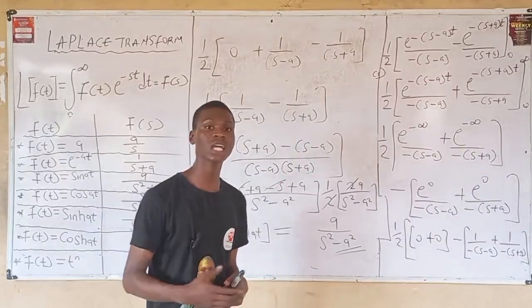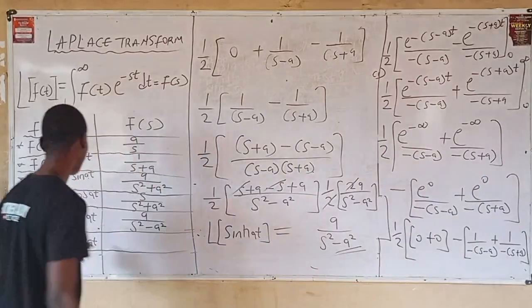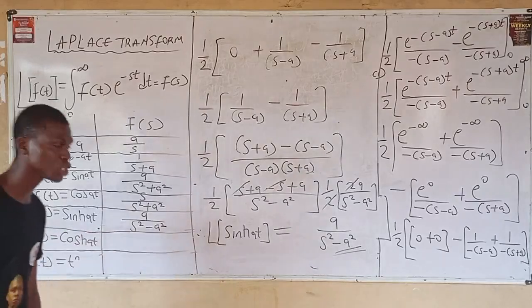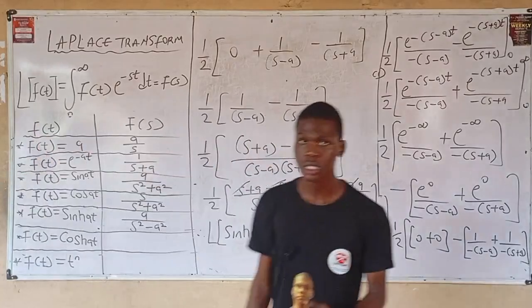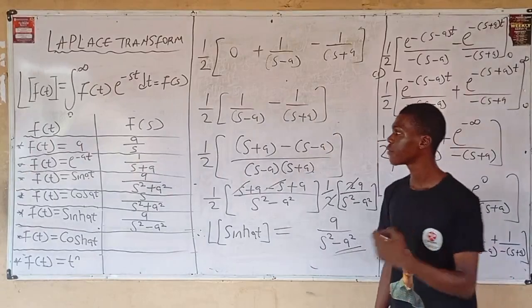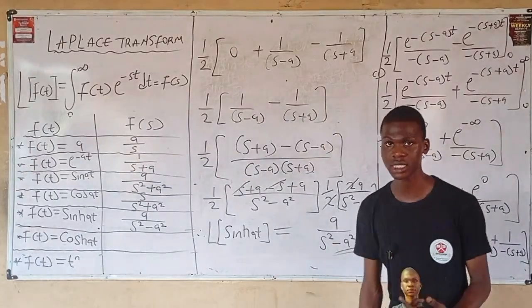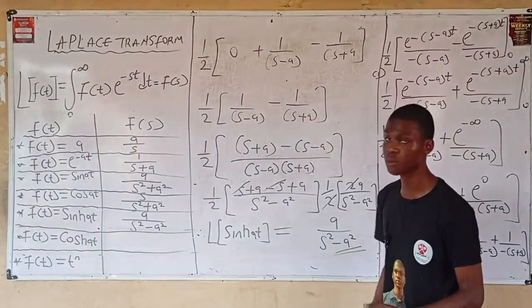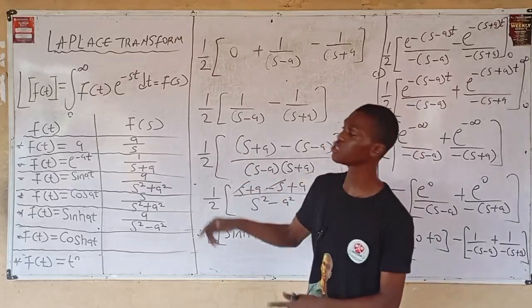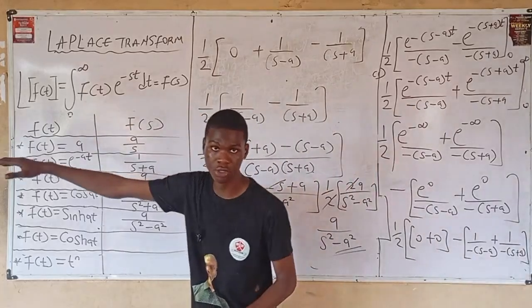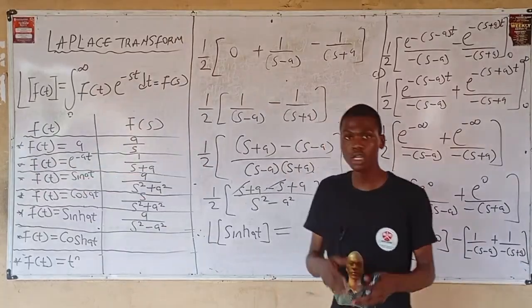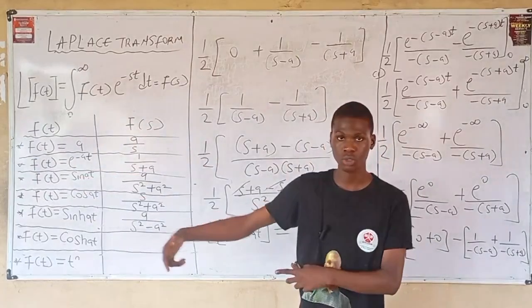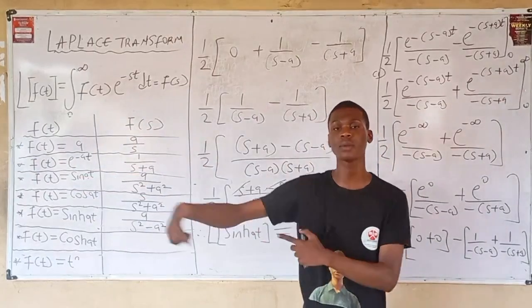But we have an easier way in which you can find the Laplace transform of sinh at and cosh at. For the first one, sinh at, we found the Laplace transform by substituting it into our integral function, right? But we can also use the faster method to solve it.